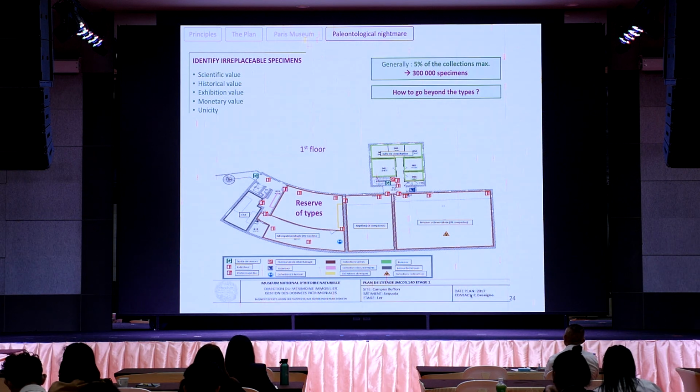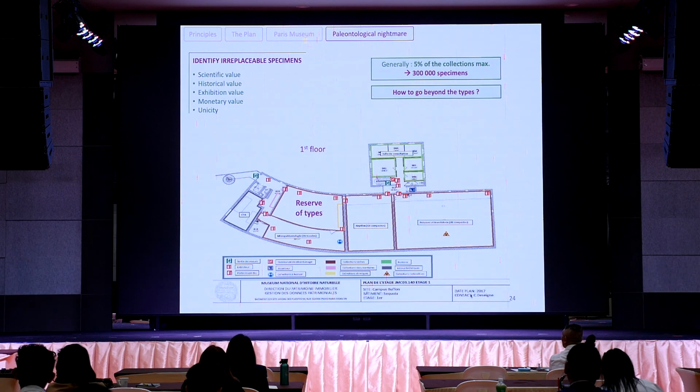But here again, we have to go beyond that, because I'm taking you back inside our building to that room on the first floor that we evoked yesterday, a room dedicated to types of invertebrate fossils. I don't know how many there are here, but it's a room of 125 square meters, full of types from the floor to the roof. So it's not possible. We have to go past that.